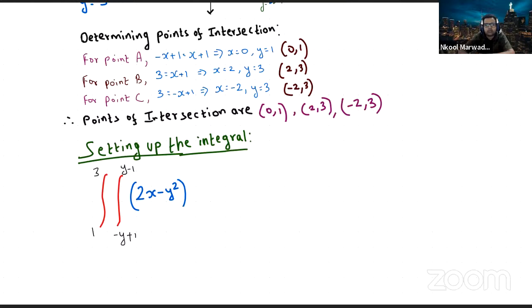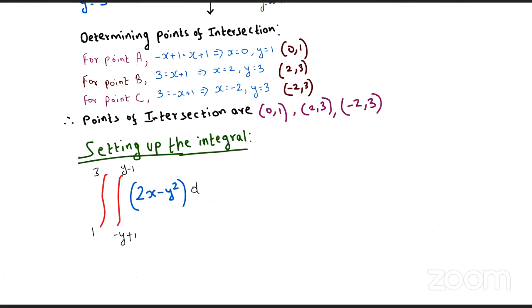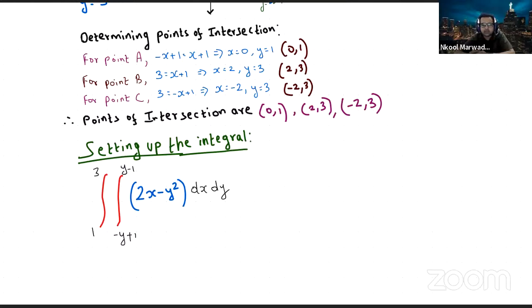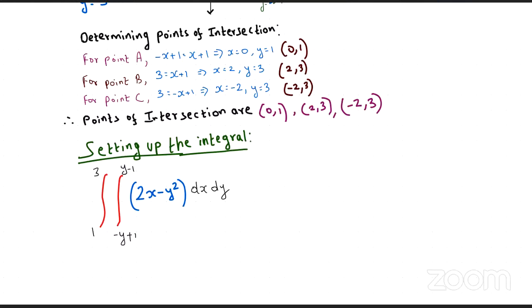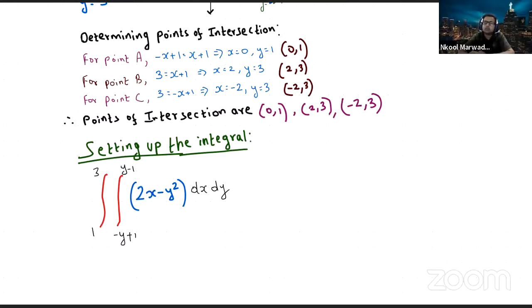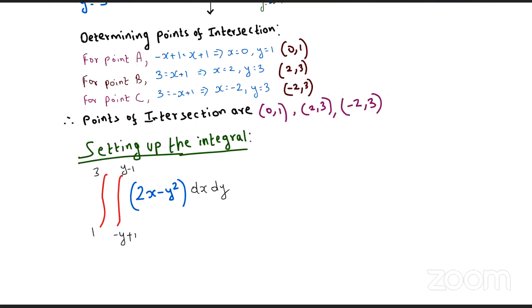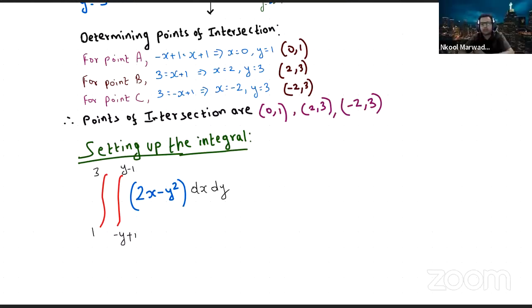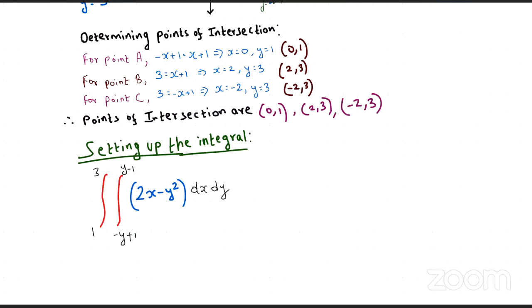First we integrate with respect to dx, treating y as constant. It will become x square minus xy. And you can put the limits and solve it.